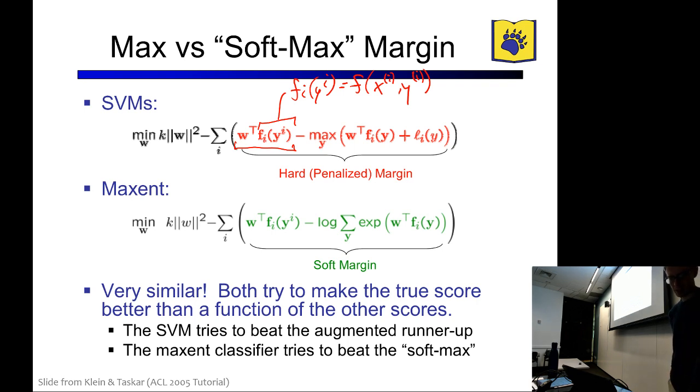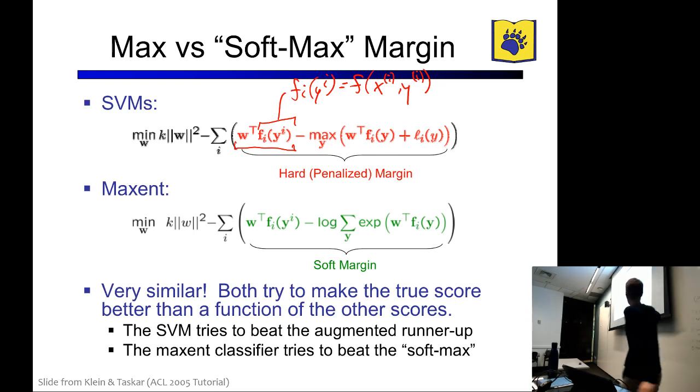We haven't talked about loss augmentation yet. Okay, so I'll make the observation now and then we'll come back to it again after we talk about loss augmenting. But basically what we're trying to do is say the score for the true thing, we want it to be much more than the max of the score for any other y.